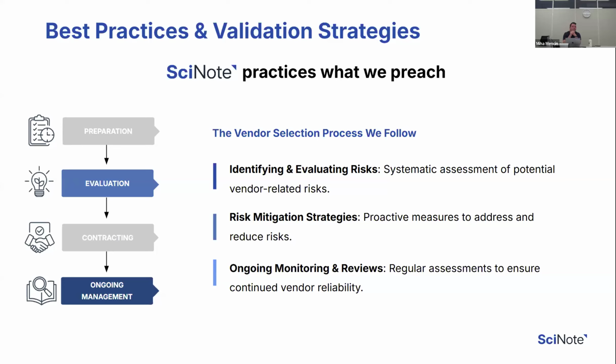What we are doing is what you should be doing, and it's again what our vendors should be doing. Only in this way do you have continuous security and compliance throughout all of the chain. So again, it's worth nothing if you have a very strong selection process, if SciNote doesn't have it.